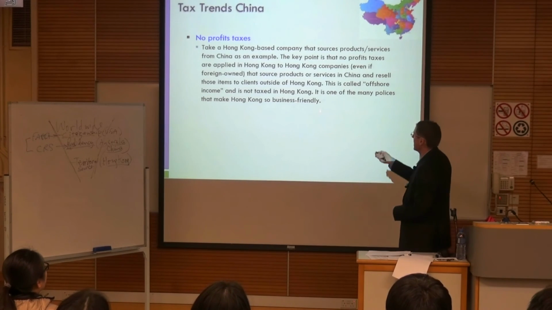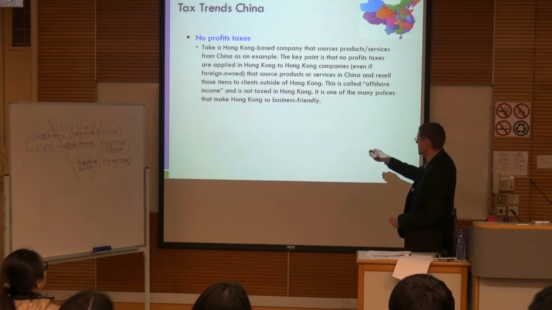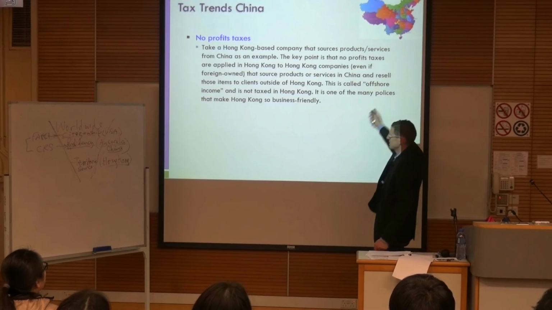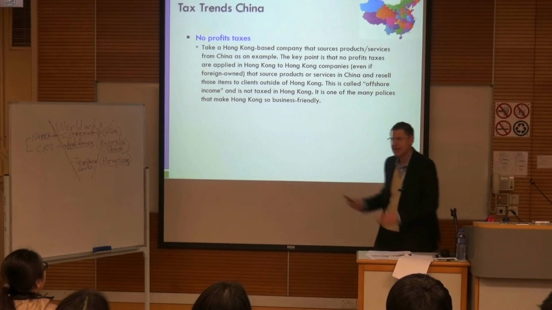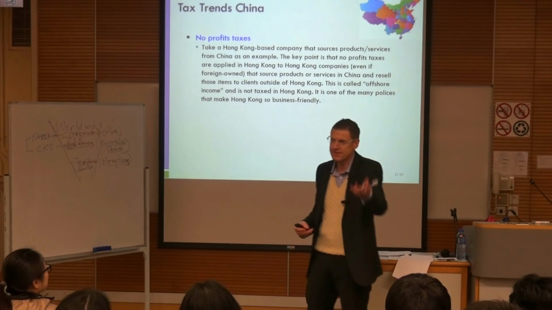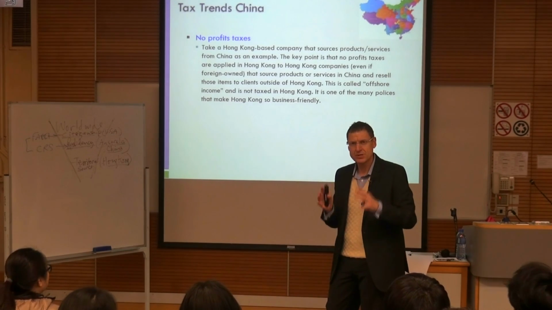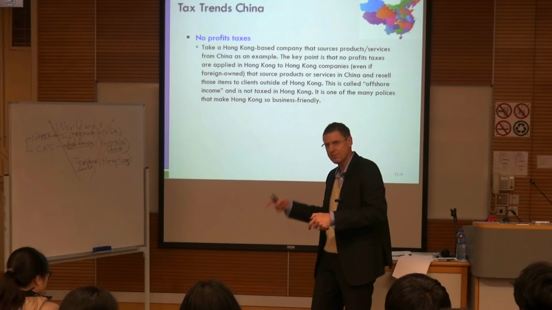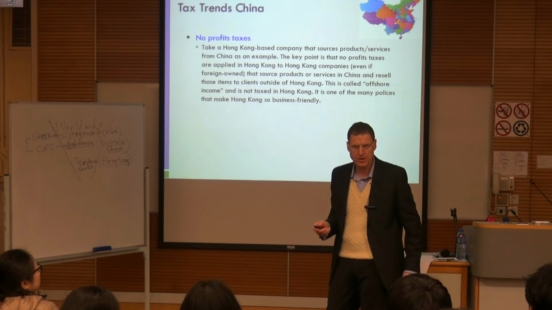Okay, so a lot of companies in Hong Kong are for that purpose. That's called offshore income. It's not taxed in Hong Kong. It's one of the many policies that make Hong Kong very business friendly. Remember, then the money's in Hong Kong. How do you get it back out to the parent? You've got to pay a dividend. But ultimately, you may use that money for further recapitalisation of your China operations.